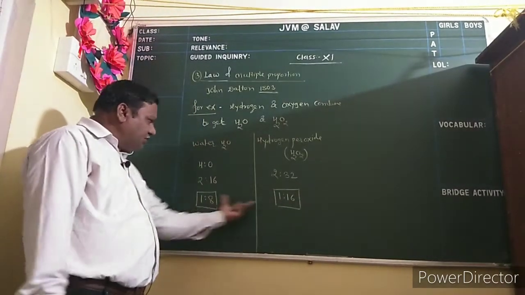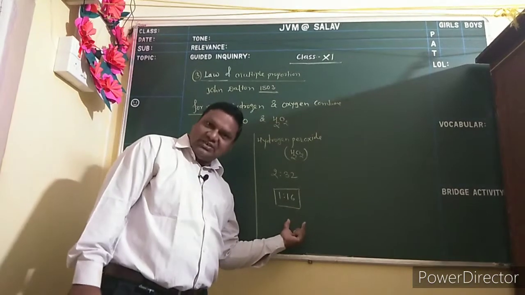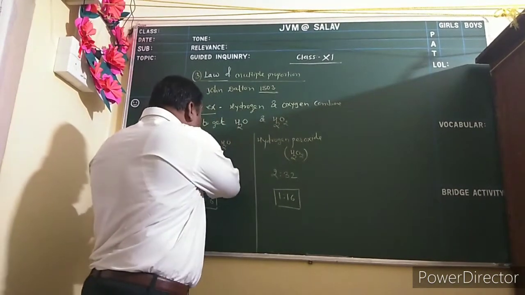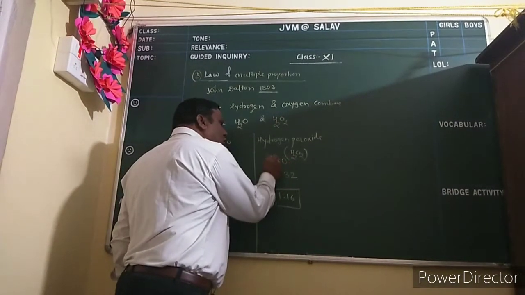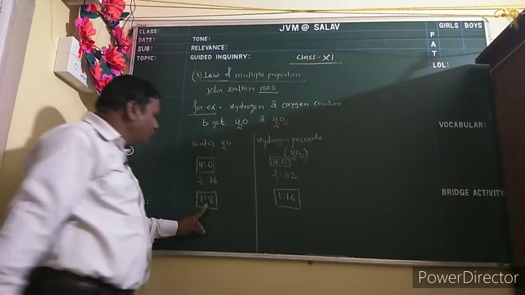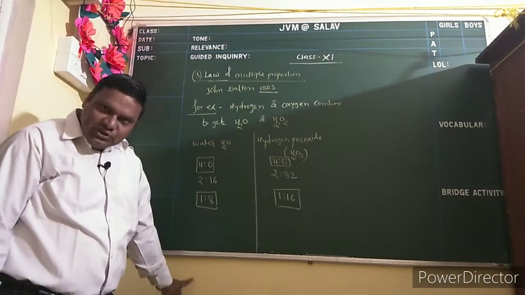Look, the proportion changes. Here it is 1 to 8. Here it is 1 to 16. That is called multiple proportion. But the elements remain the same: hydrogen and oxygen, and here also hydrogen and oxygen. In water the proportion is 1 to 8, and in hydrogen peroxide 1 to 16.